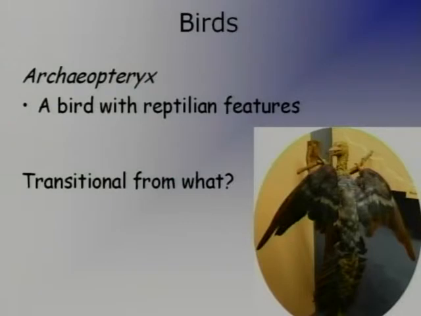It has perching feet. So what we have here is a bird with reptilian features, basically teeth. The skull is fairly reptilian, and it's got a tail like a reptile, but it's not transiting from reptile to bird. It's a creature that is a mixture, a mosaic if you like, and we'll come back to this, of various features, but it is definitely a bird, and it could definitely fly.